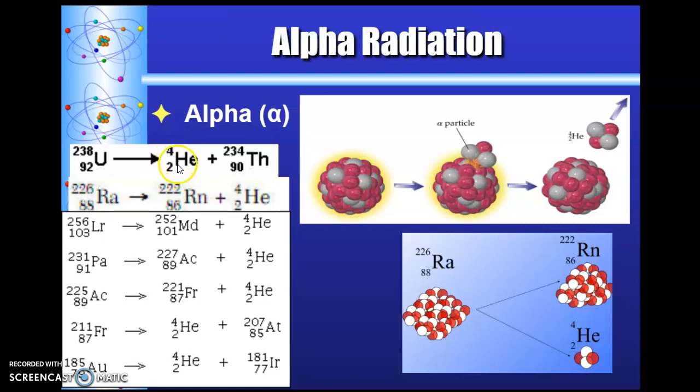So a mass of 4 gets subtracted from the mass, and 2 gets subtracted from the atomic number, which leads to an atomic number of 90. 92 minus 2 is 90, 238 minus 4 is 234. So we get to element number 90 with a mass of 234. And if you look on your periodic table, if I'm not mistaken, element Th is thorium.